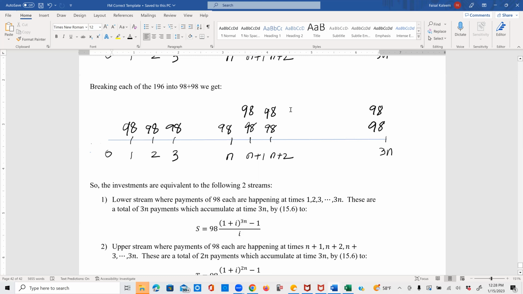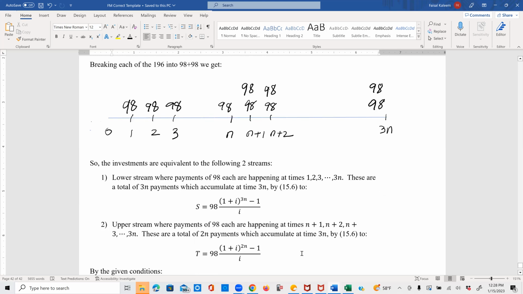And then the top 98s, there are 2n of them, and therefore they will accumulate at time 3n. Because they start at time n plus 1, it's as if they started at 1 and we want to know their value at 2n.